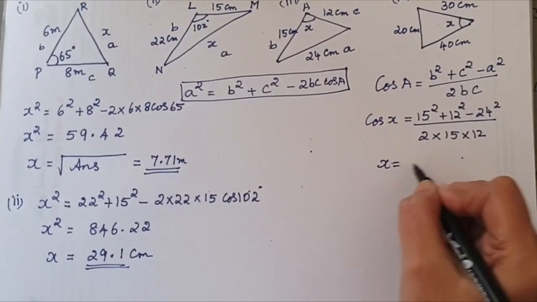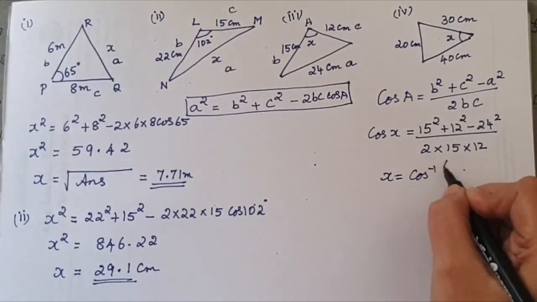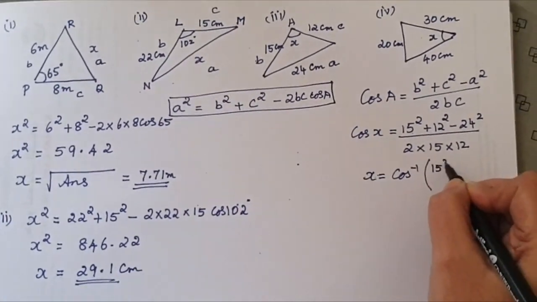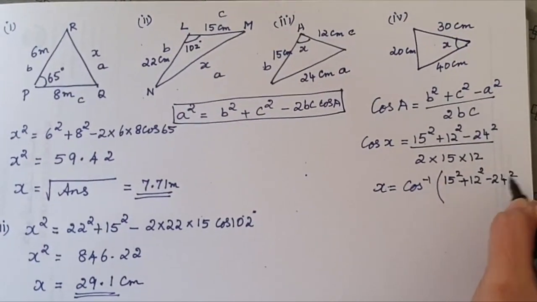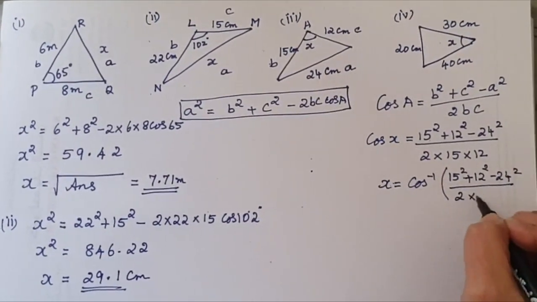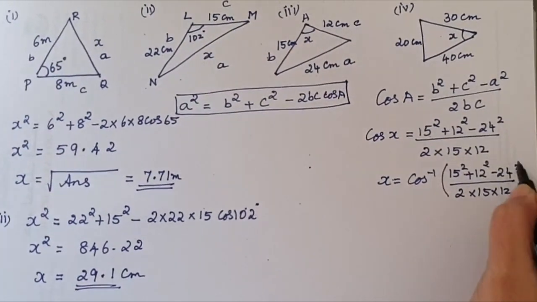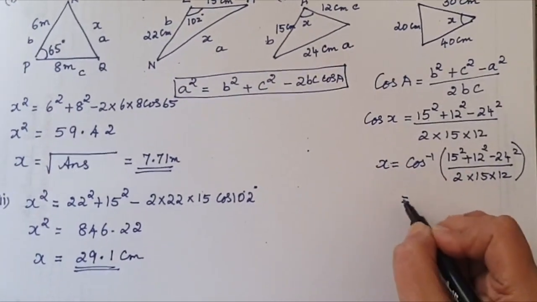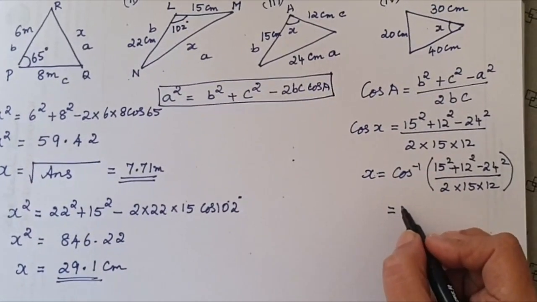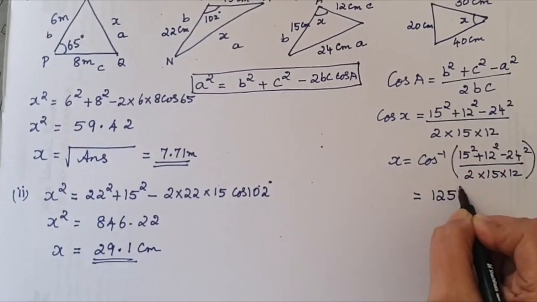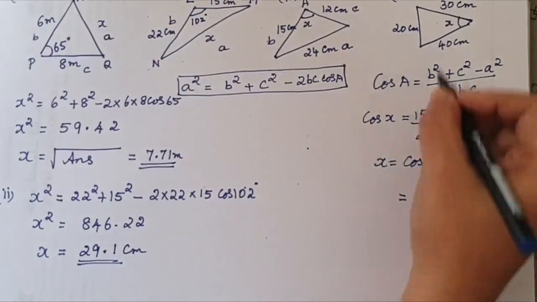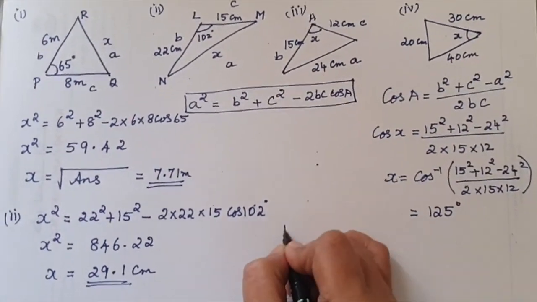So x will be equal to cos inverse of, just directly put it into your calculator, 15 squared plus 12 squared minus 24 squared divided by 2 into 15 into 12. Get the answer and write it. When you simplify it, you will get it as 125 degrees. And in the same way for the fourth question.